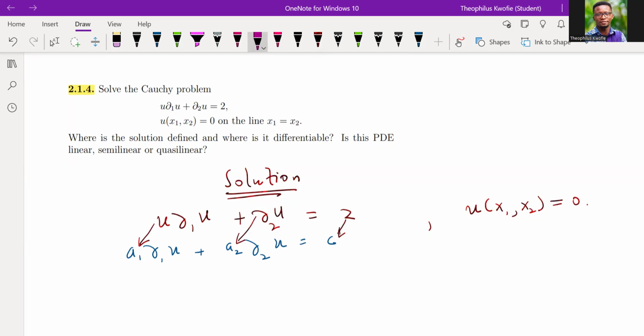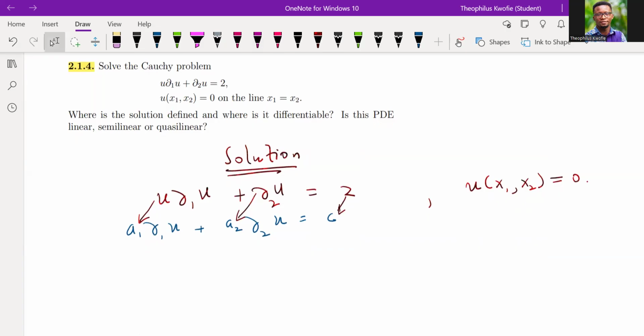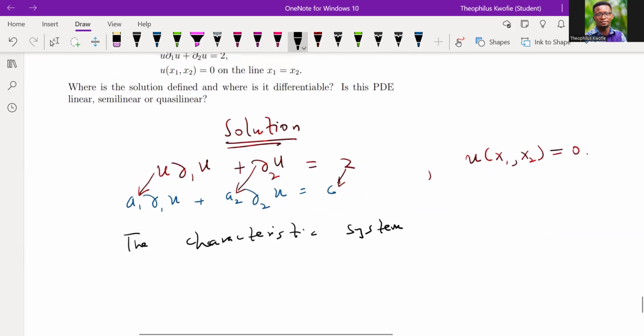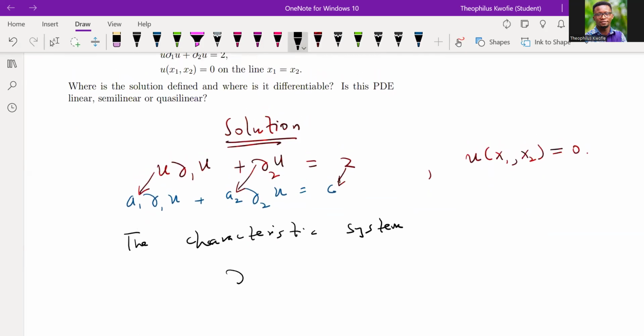Now right now what we need is to form our characteristic system. So the characteristic system, what would it be?